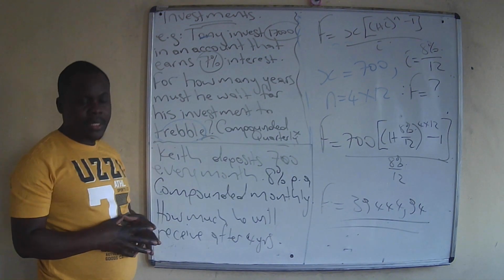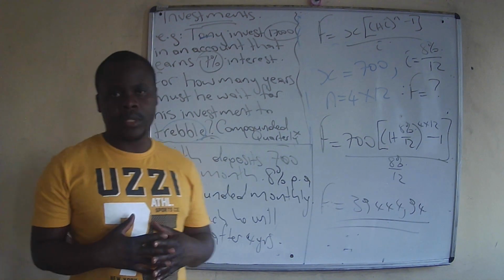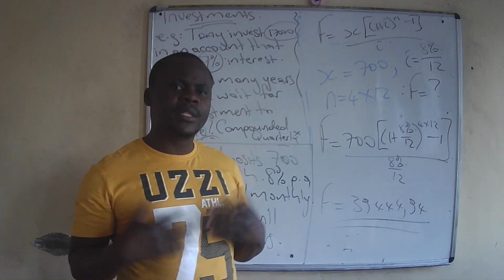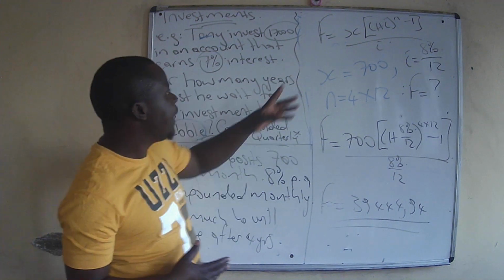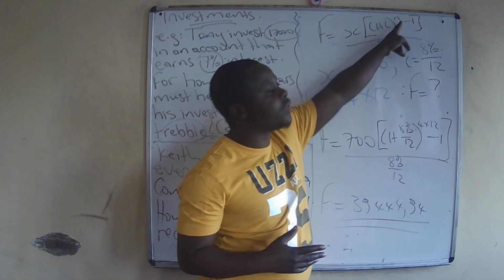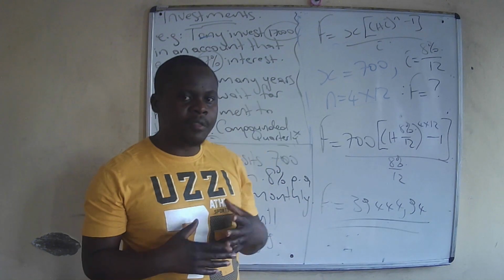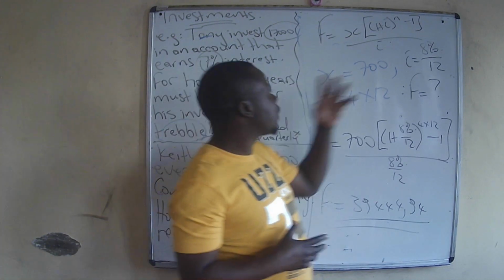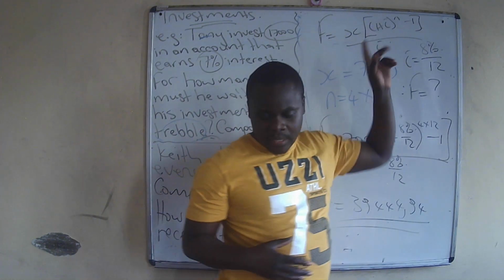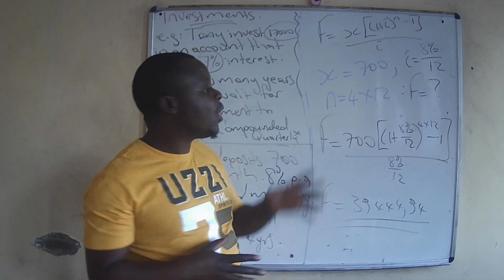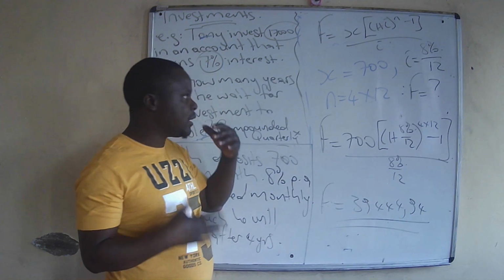Now these are principles, which means next time you can still be asked to calculate any of these parameters. You can be asked to calculate X, which is the amount of money being invested every month. You can be asked to calculate n, which represents the number of years that the investment is being done.